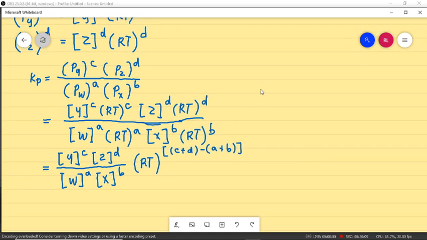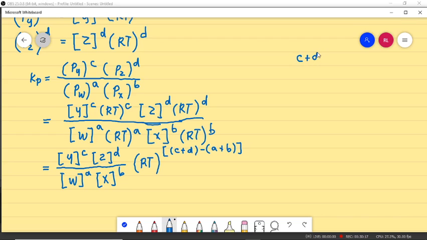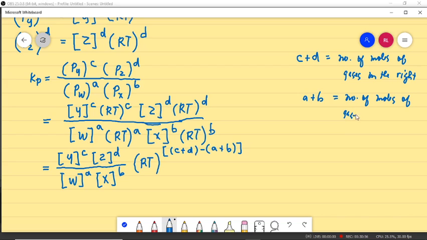If you have noticed, your C plus D is the number of moles of gases on the right, while your A plus B is equal to the number of moles of gases on the left.